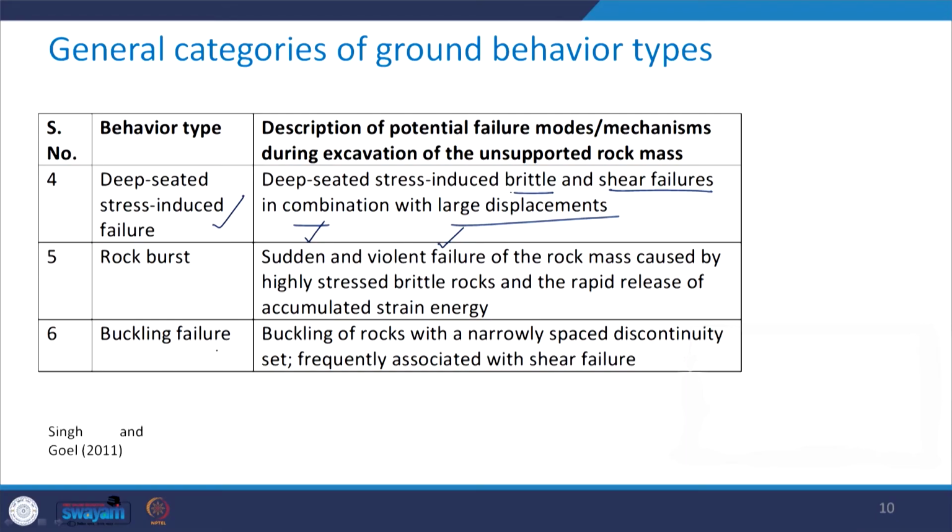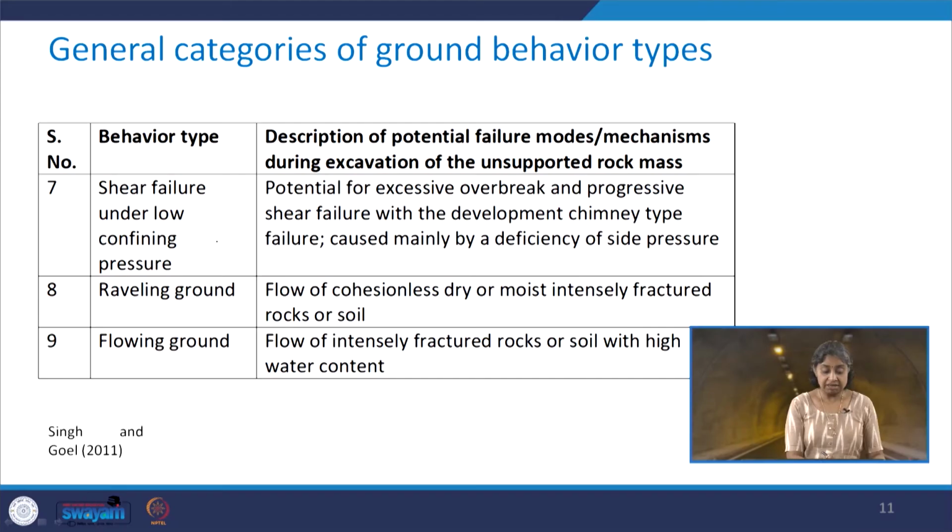Coming to the next behavior type, which is the buckling failure. In this case, there is buckling of rocks with a narrowly spaced discontinuity set, and these are frequently associated with shear failure. Then we have the next category as shear failure under low confining pressure.